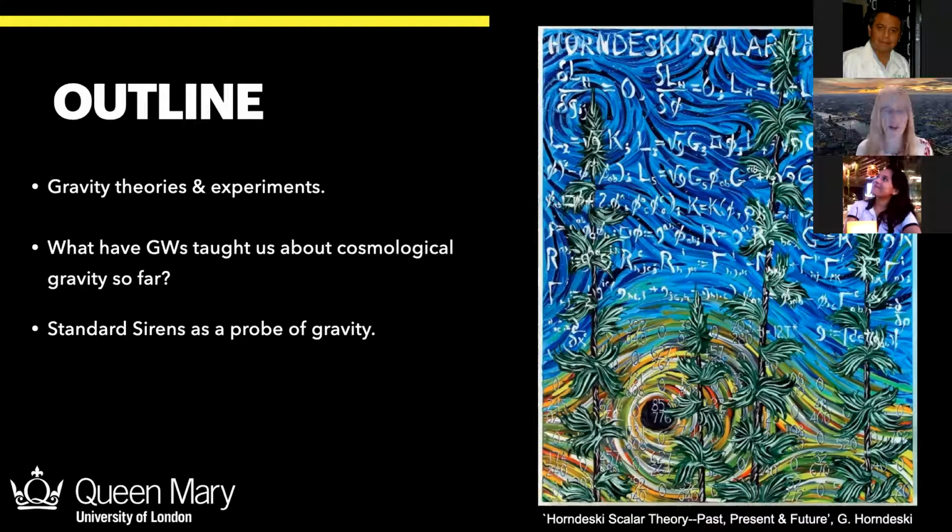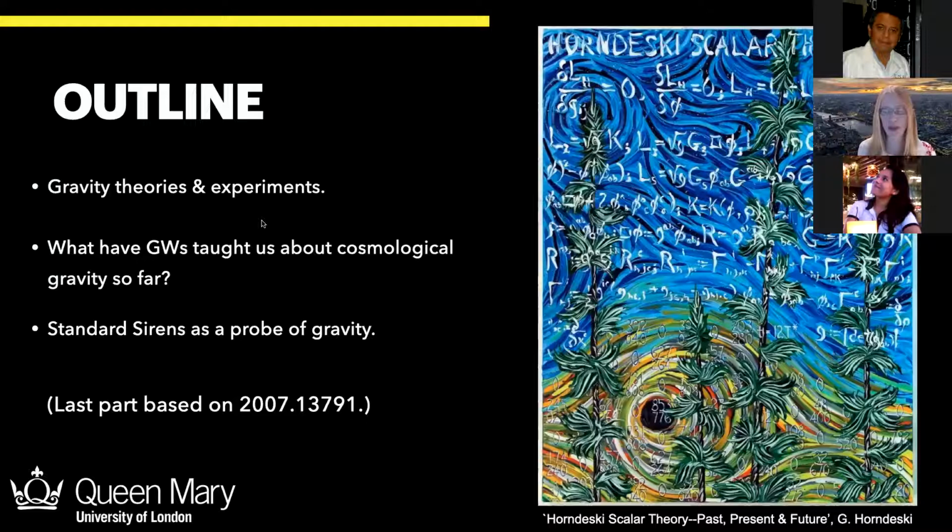What have we learned from just the, of order tens of gravitational wave events we have in hand at the moment. And then the third and final section will be thinking more about the future. What's next? What would we like to do? And this is mainly a review talk, so I'll be covering lots of people's different work, but I might just sneak in a little bit of my own work at the very end.